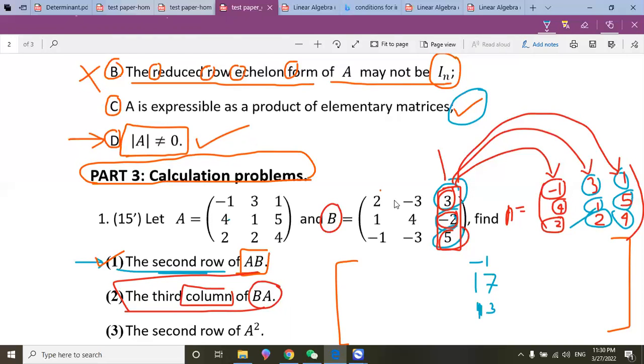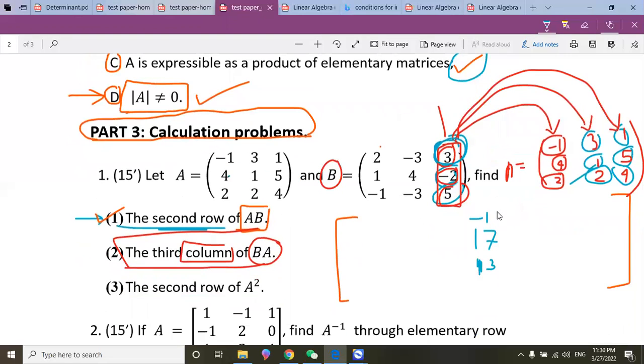So 2 multiply 1. I think it's right now. I think you are right now, but it's 13. Just a moment. B and A. So 3 multiply the third column. The third column will be 3 multiply minus 1.